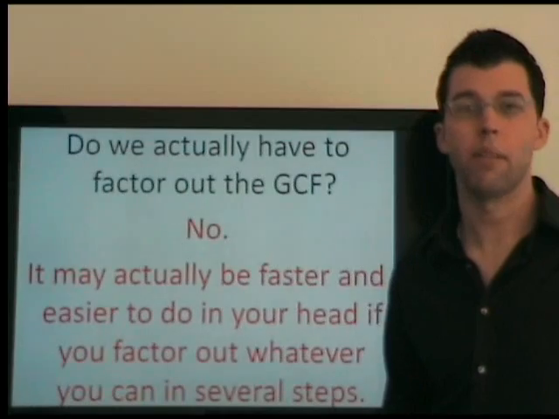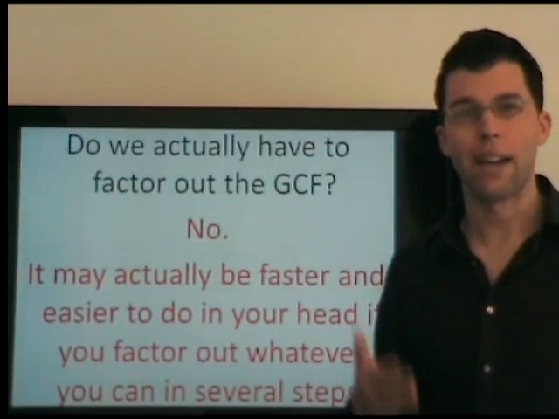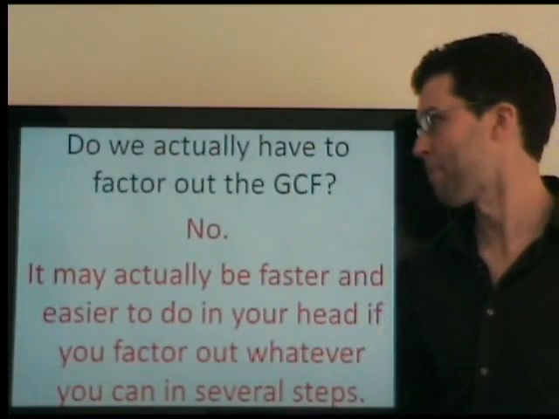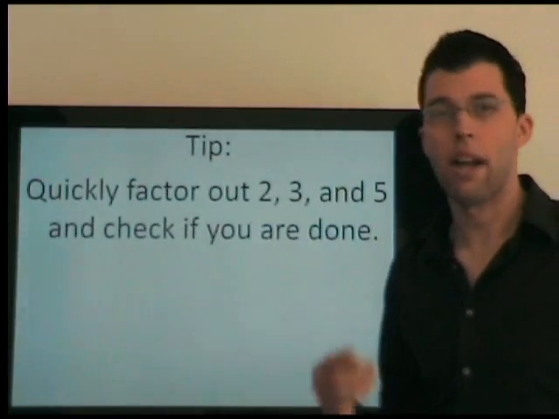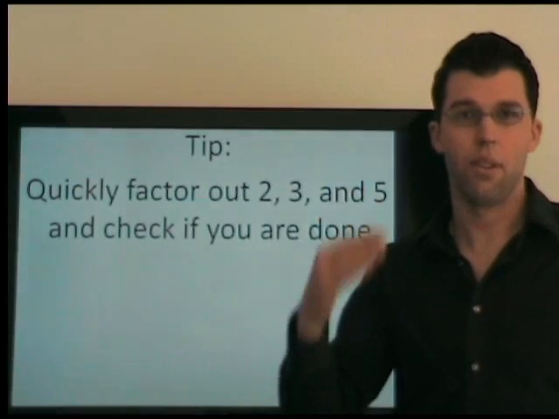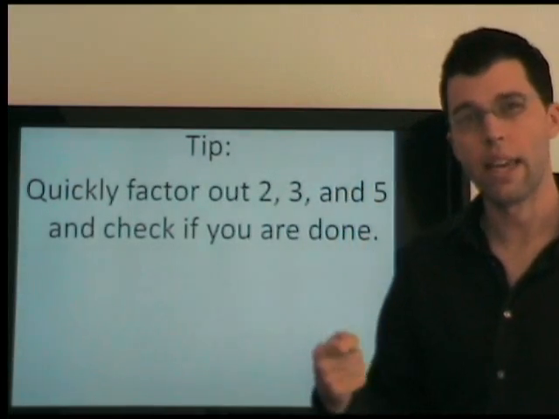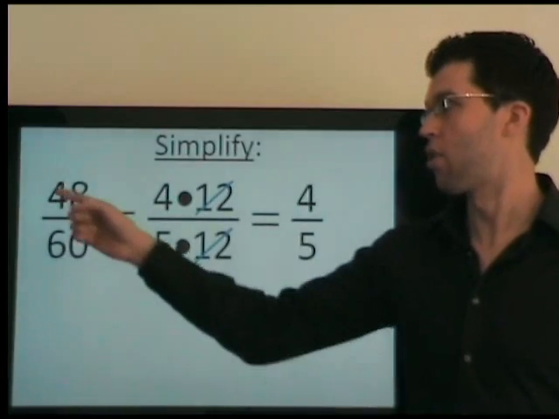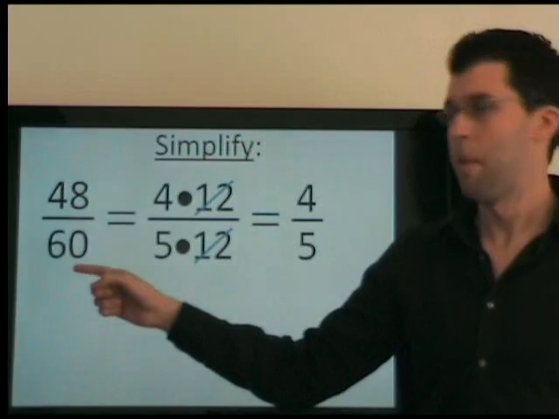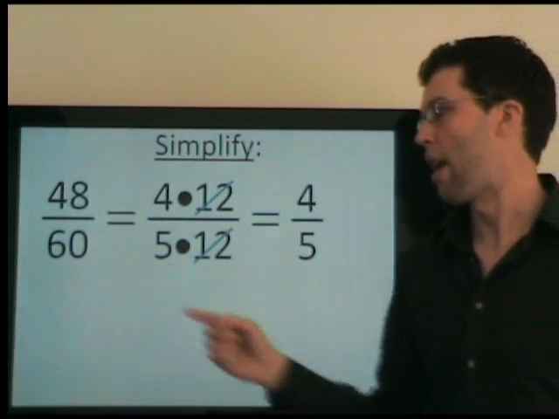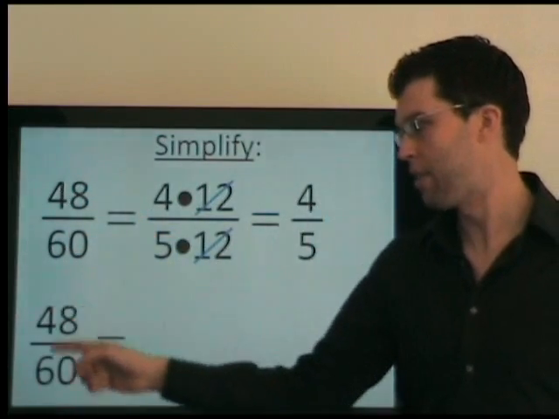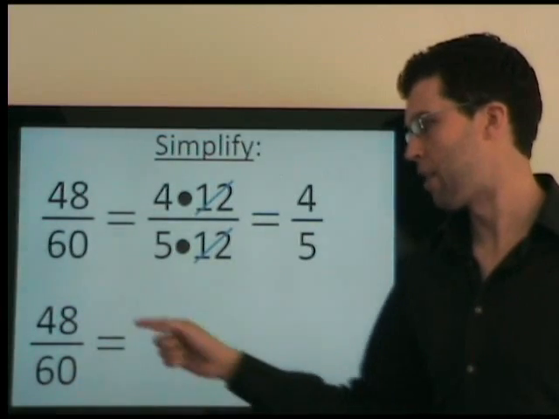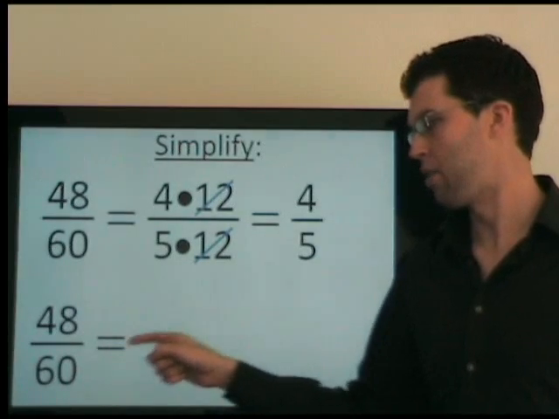Okay? That being said, do we actually have to factor out the greatest common factor? No. It may actually be easier and faster to factor out smaller numbers, but we must always check to see if we're done. So what we're going to do is starting at 2, we're going to try 2 and then 3 and then 5 and try to very quickly factor out smaller numbers. So for example here, the greatest common factor is 12, but let's say that didn't occur to us. We can, in our heads, start at 2 and say, well, is 2 a common factor? Yes. So let's divide out a 2, 2 times 24 and 2 times 30.